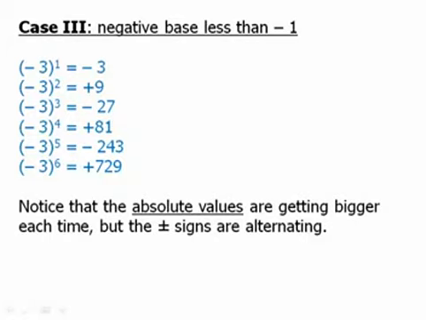What's continuously getting bigger are the absolute values of the numbers, but the actual number itself is flip-flopping between positive and negative. So we get a big positive, then a bigger negative, then a bigger positive, then a bigger negative. You can imagine these wild jumps on the number line from a very large positive number to a very large negative number. That's what's happening when we raise a negative base less than -1 to these powers.